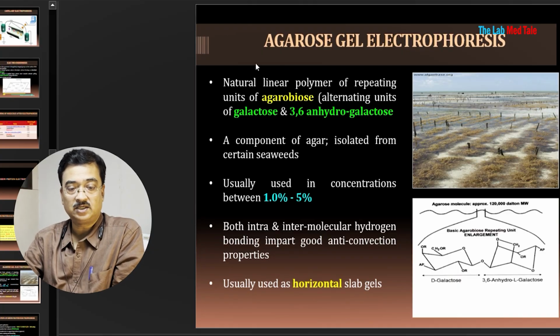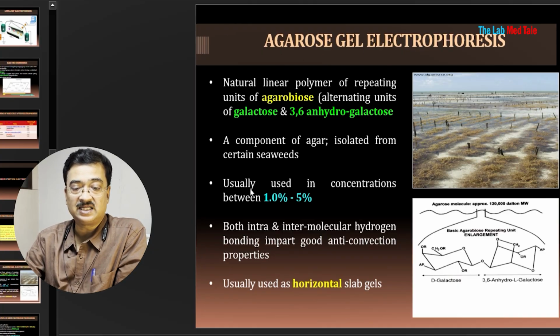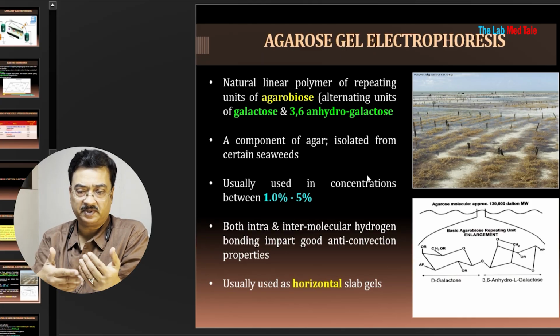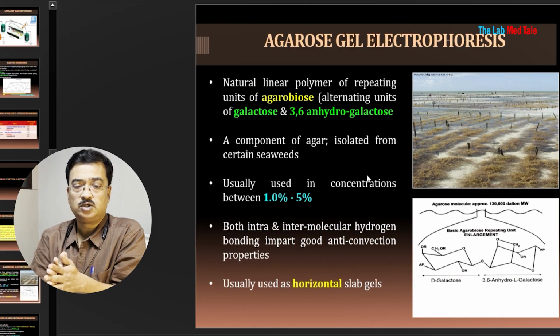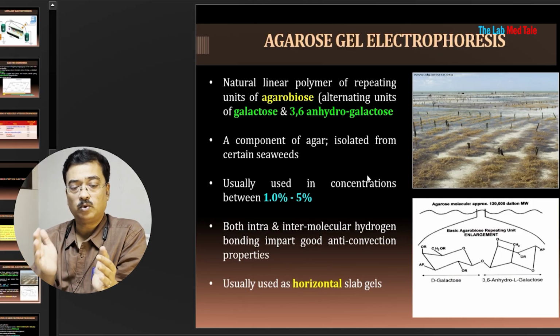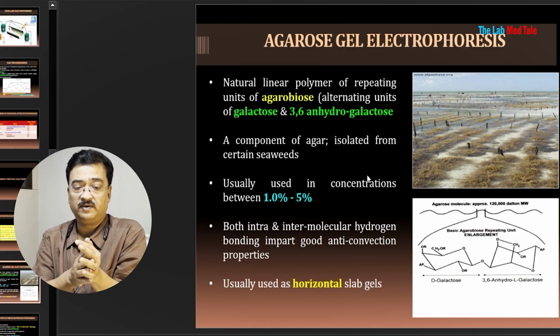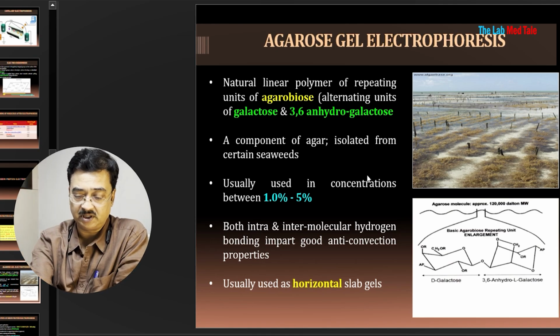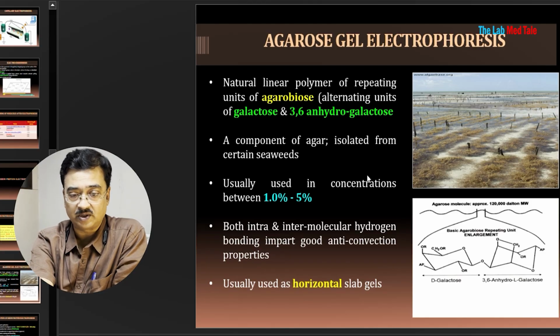As I told you, agar is a weed extract which makes a very transparent gel-like material, and to make it even more purified and free from other impurities, we create the agarose gel. Nowadays, protein electrophoresis is mostly done on this agarose gel.